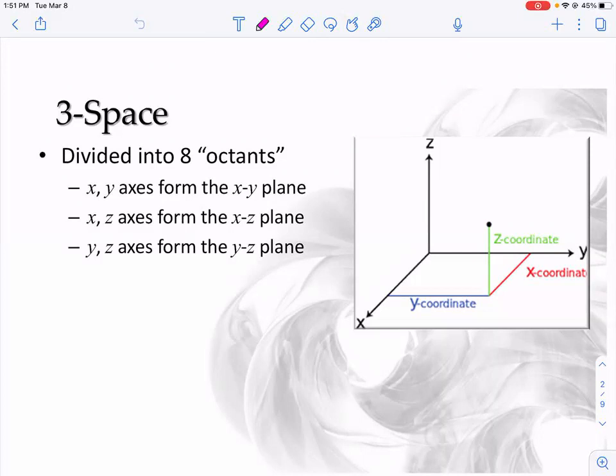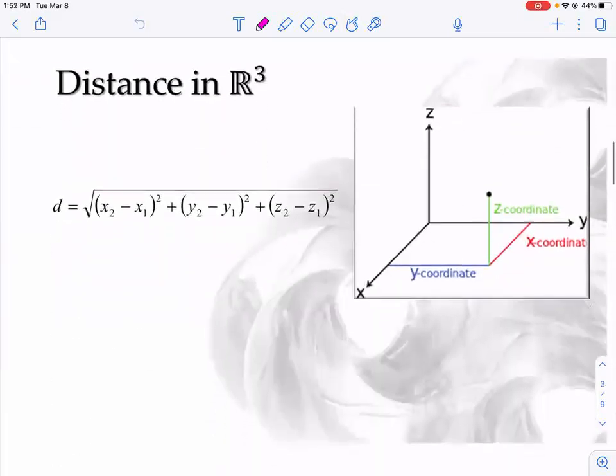Well, the XY plane is like the floor. So we've taken it from on the paper. It's still a plane, right? And the z-axis is coming out.